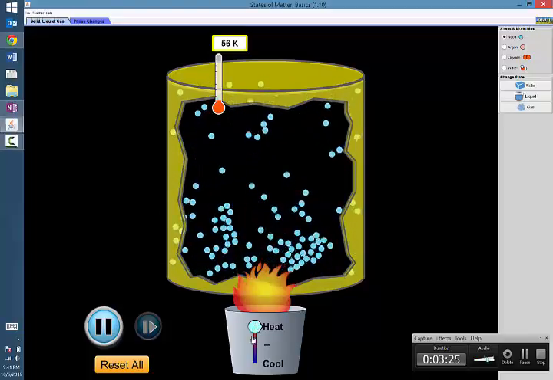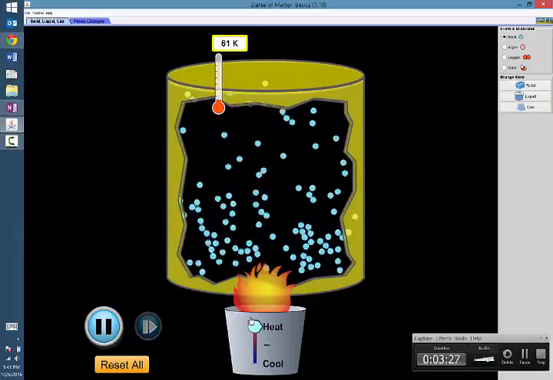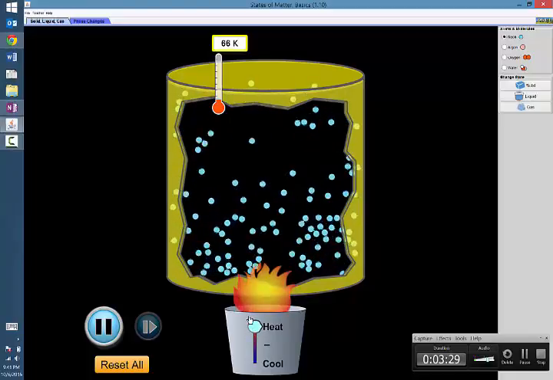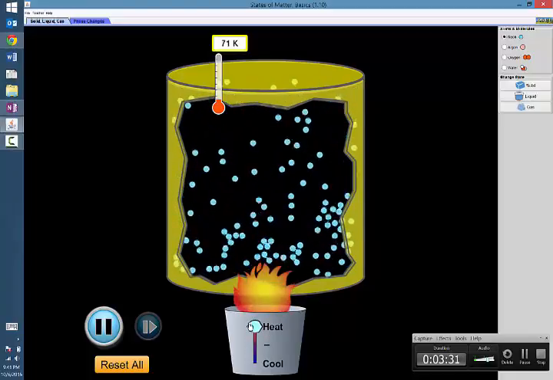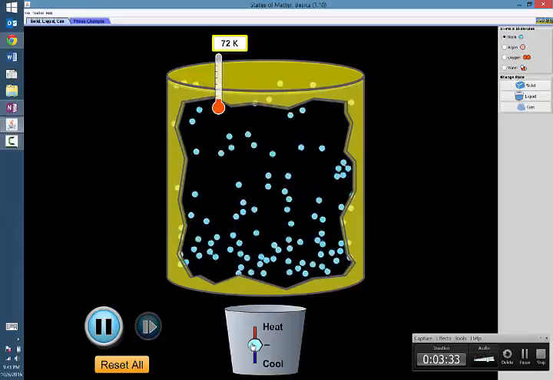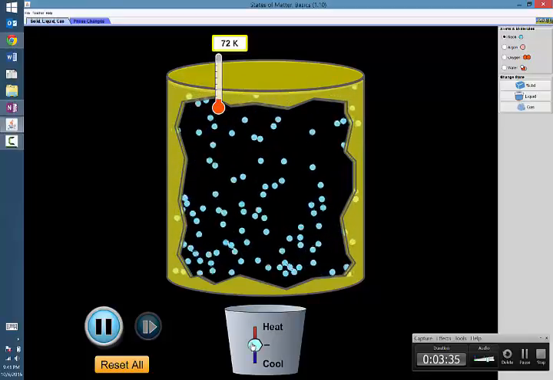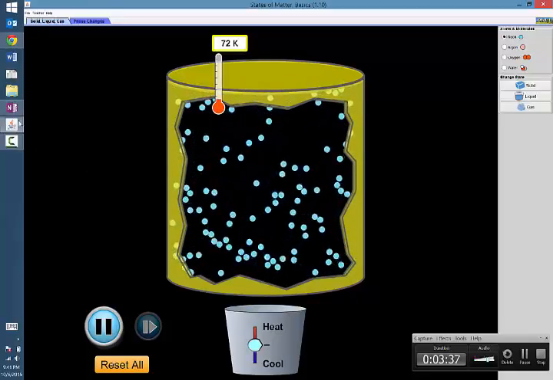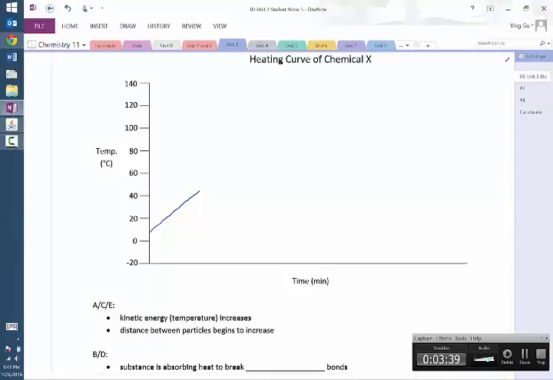Okay. Now, I hope from this little animation here, little simulation, that it makes sense to you that as you increase heat, the temperature increases, or the average kinetic energy increases. Okay. So going back to our notes here. We are going to draw, it's quite hard on the tablet here, a tapering, and then another rise.